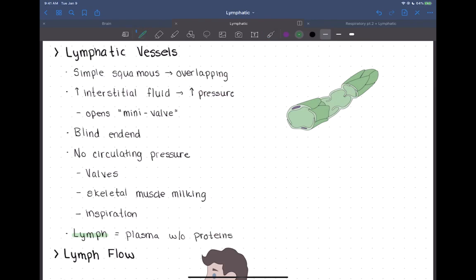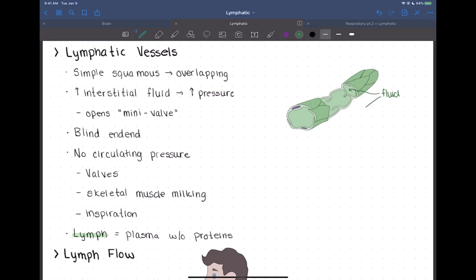because as interstitial fluid builds up around that vessel, all right? If we have fluid out here building up around the vessel, it's going to start putting pressure on the walls of this vessel, and if it presses on this overlapping area, these little mini valves open up in that overlap, and that fluid can squeeze into the vessel like that, all right?